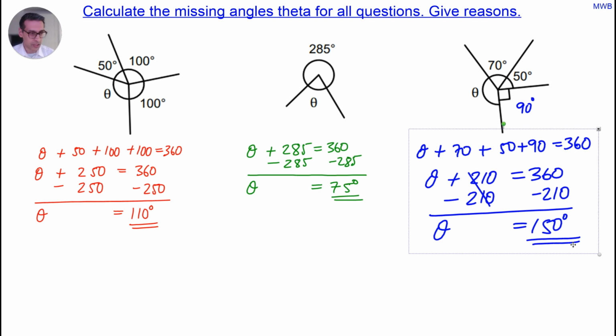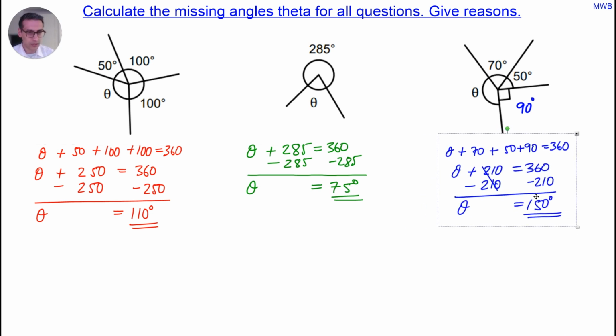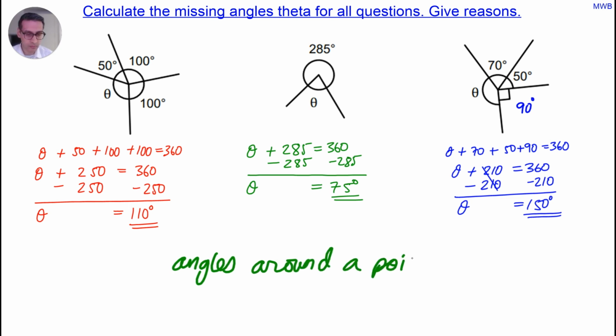So I hope you got all of those correct. If not, you may need to practice some of these questions a bit more, but those are the answers. And in each case, I'm not going to write this out 3 different times, but it's just going to be angles around a point sum to 360 degrees.